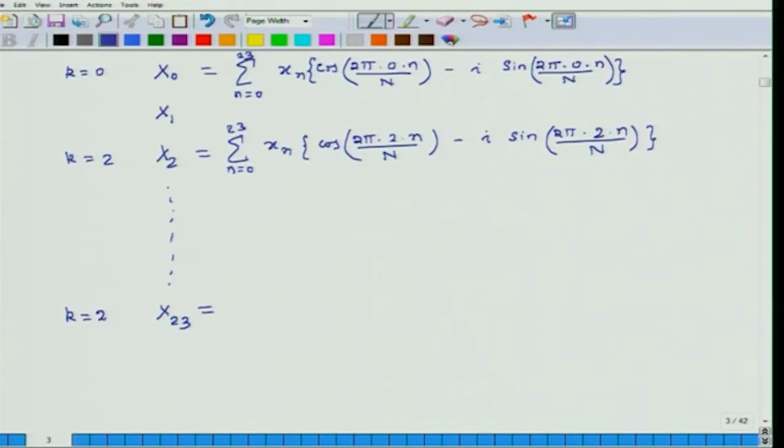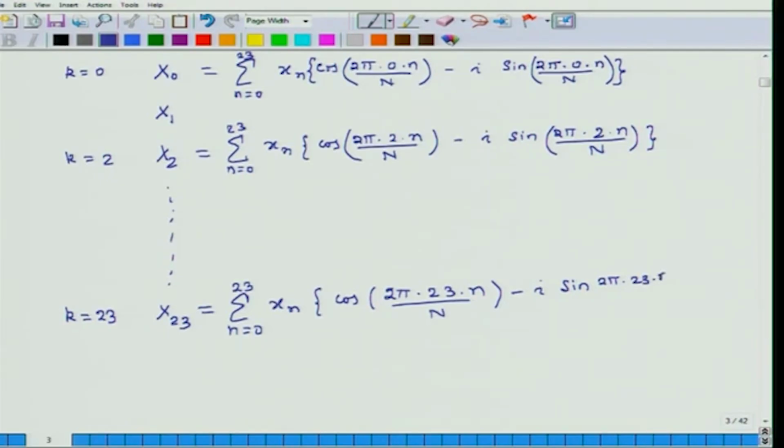This is for k equals 23. If I plug in the value of k equals 23, I get X23, and that is equal to the summation n equals 0 to 23 of xn cosine of 2 pi times 23 times n over N, minus i sine 2 pi times 23 times n over N. So, that is the thing.